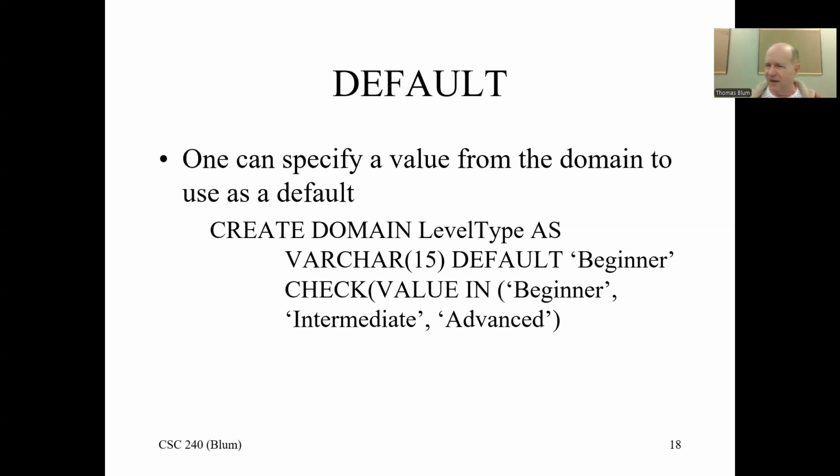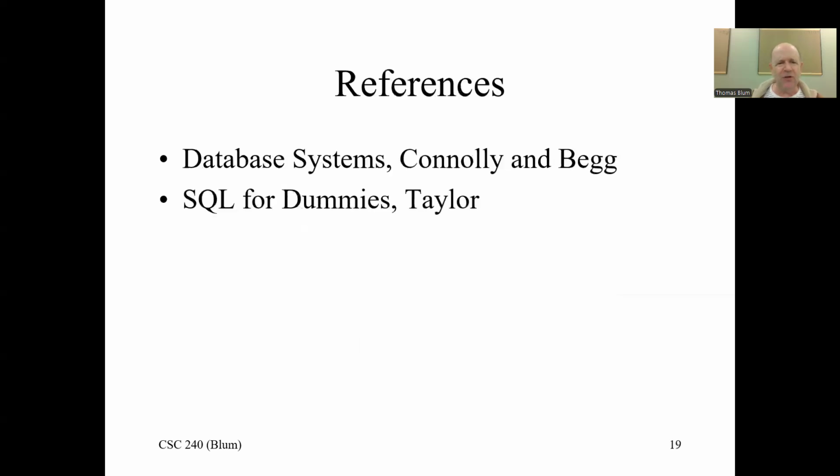So if I'm defining a new type of levels, the level type, I'm allowing beginner, intermediate, and advanced, and then I'm saying the default is beginner. If I specify, it will take on the value that I specify, provided it belongs to beginner, intermediate, or advanced. But if I don't say anything, instead of being null, it'll take on the value of beginner. So that's the result of having a default.